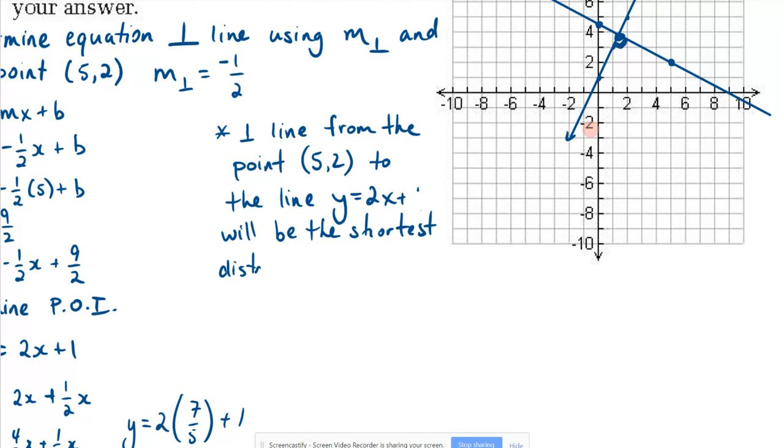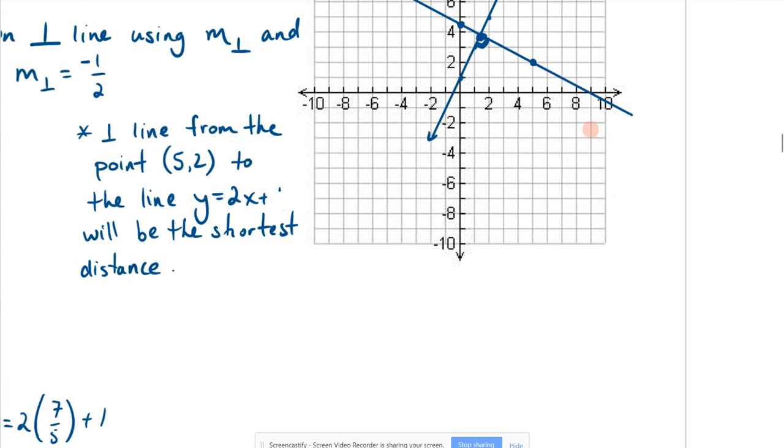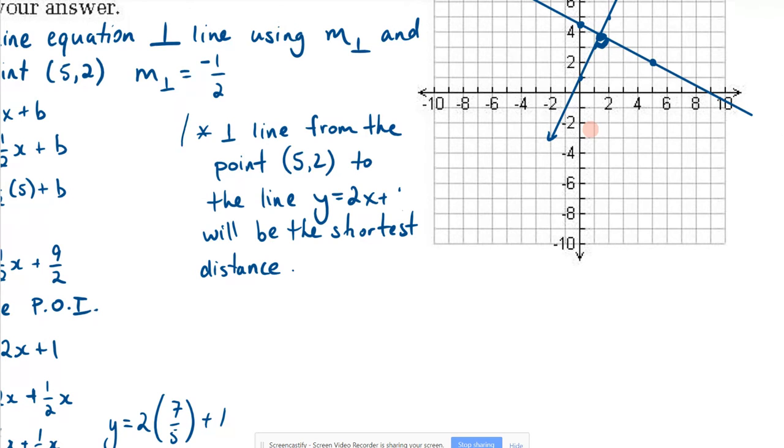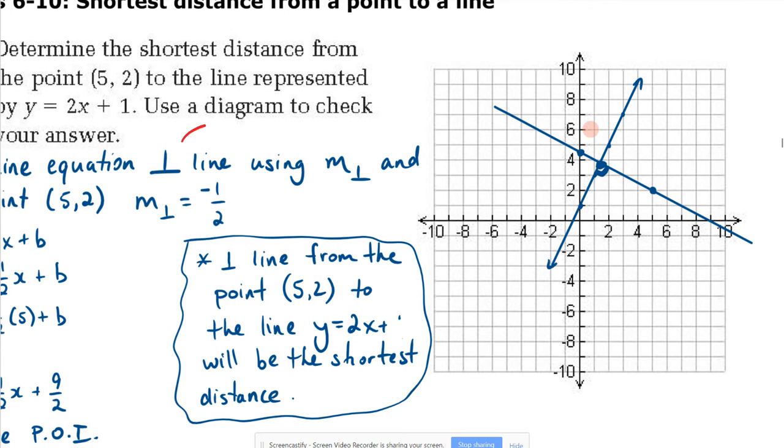And that's always going to be the case. The shortest distance from a point to a line is the distance that is perpendicular to that line. Okay, and I'll maybe bubble that. And maybe I'll also indicate that this symbol means perpendicular.